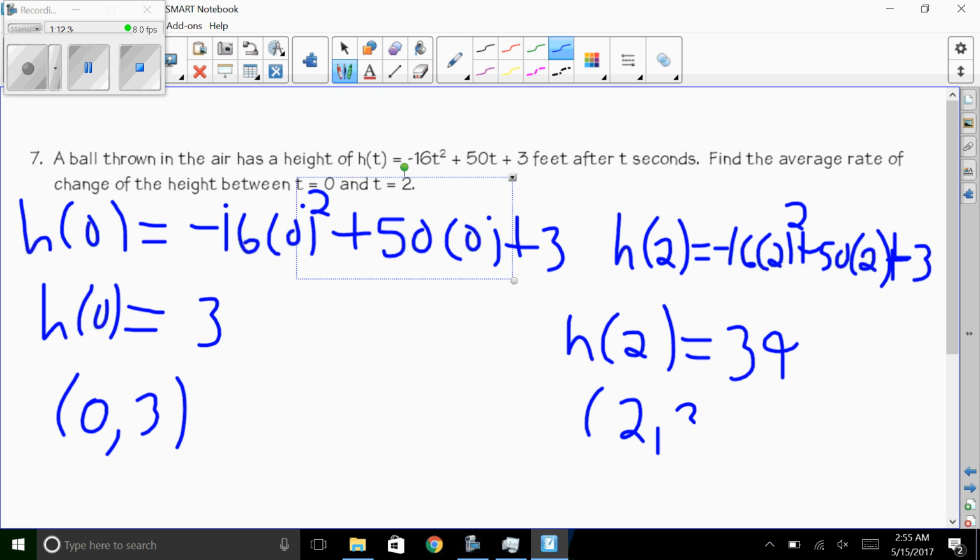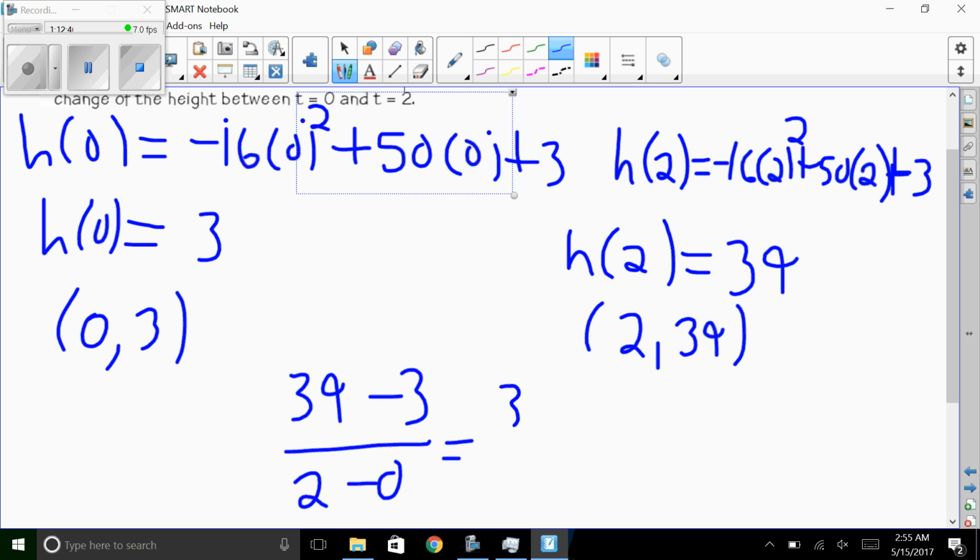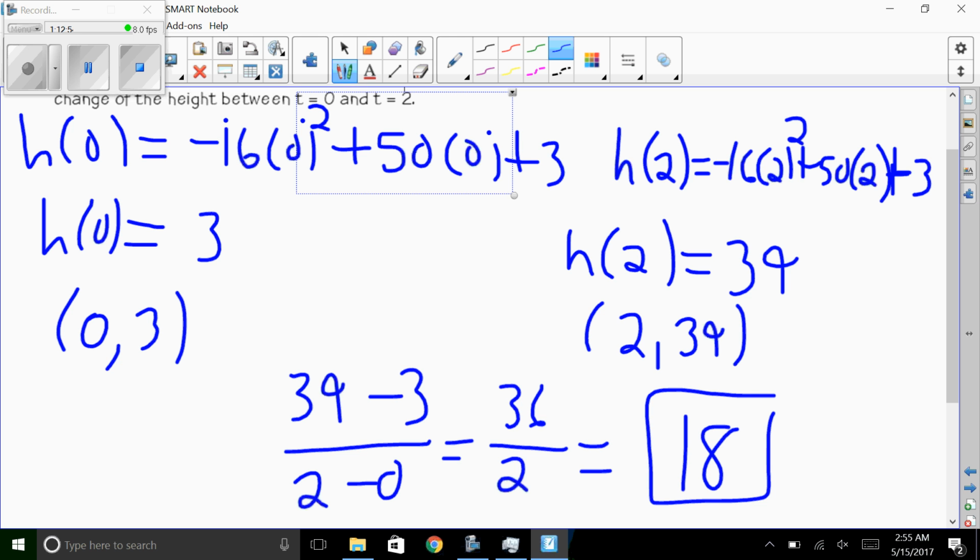So 39 minus 3 over 2 minus 0, 36 over 2 equals 18. So that's the average rate of change.